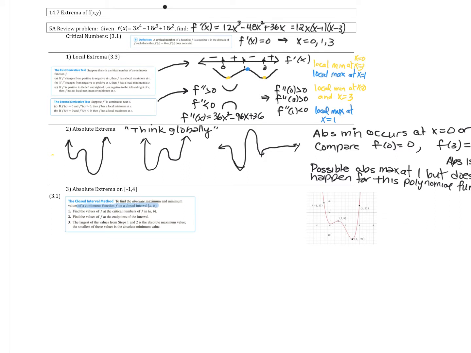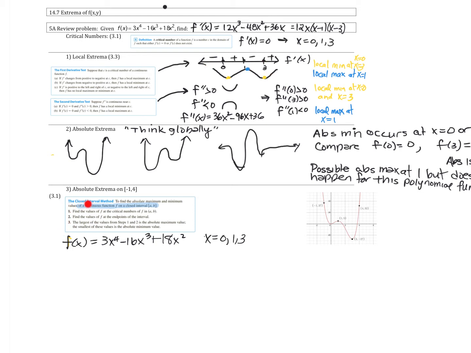So we said that our f of x is 3x to the fourth minus 16x cubed plus 18x squared, and we got critical numbers of 0, 1, and 3. And we had to do all the sign chart and everything. Here, there's nothing about a sign chart.